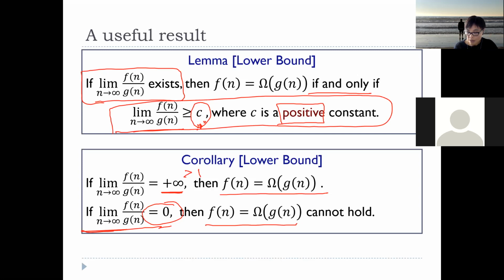Intuitively, if the limit of the ratio f of n over g of n is 0, that means that g of n grows much faster than f of n. So how can it be that f of n is bigger than g of n? So it's not possible in that case. These are very useful corollaries to help us figure out the relation between the functions.